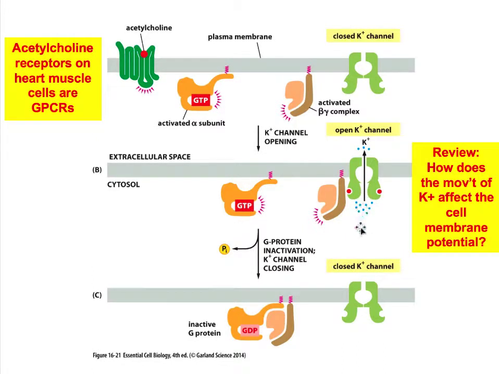And in the case of potassium, as you know, it's high on the inside and low on the outside, and that potassium will leave into the extracellular environment. And that will continue as long as the alpha subunit is bound to its GTP. As soon as it hydrolyzes its GTP, as indicated here, it will then call back its partners and they will leave the ion channel, and at that point the ion channel will close.